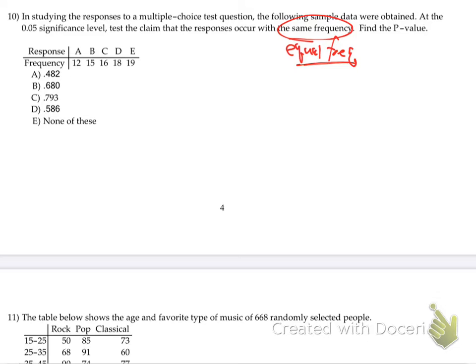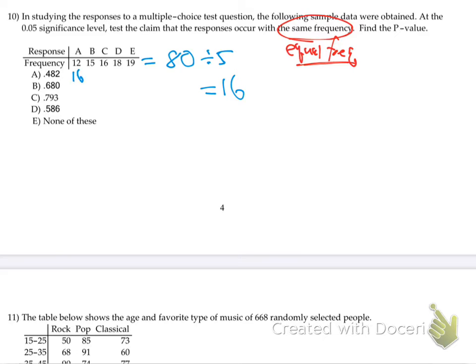So we got to see how well it fits with if they were all the same, equal frequency. So you got to find out if there were the same number of answers for A and B and C and D and E, how many would there be for each category? So did you figure that out? We got to add all these up, don't we? Somebody got the total there? 80? 80. And then we got to divide by 5, huh? Because there's 5 answers. So 16 per category?